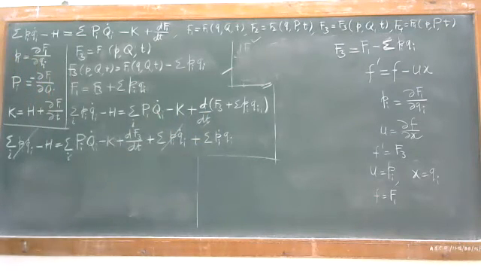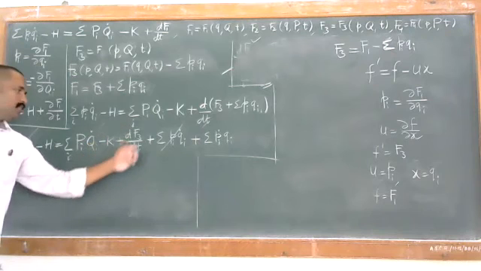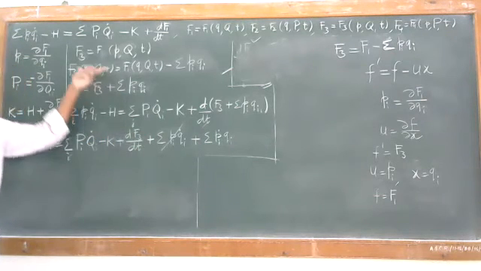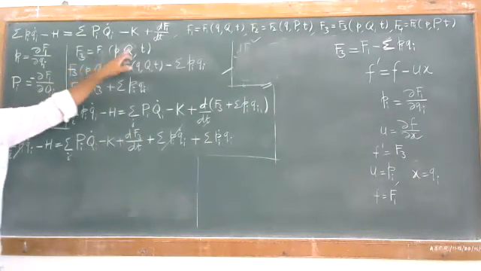This is our equation. But now what is the condition? We don't know the value of this df3 by dt. So we have f3 as a function of p, Q and t.